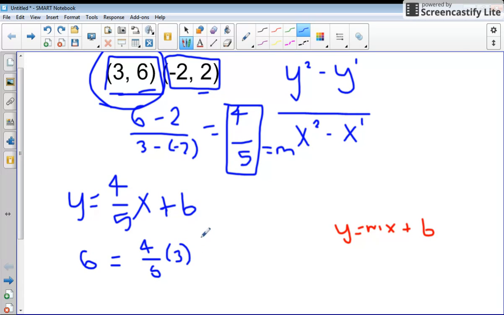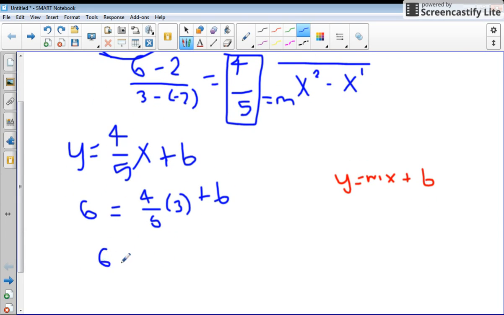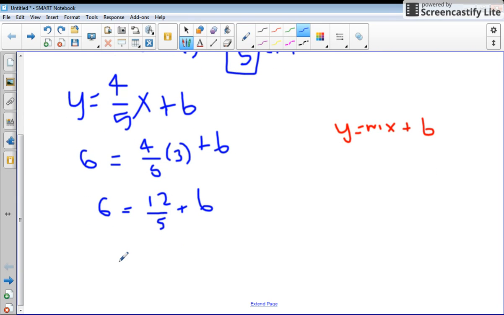When I do this, I'm going to end up with some kind of crazy fraction. I get 6 equals 12/5 plus b. I had to subtract 12/5 from both sides to get b alone. And I get 6 minus 12/5 is equal to b. Now, I don't know what that is off the top of my head without finding a common denominator.